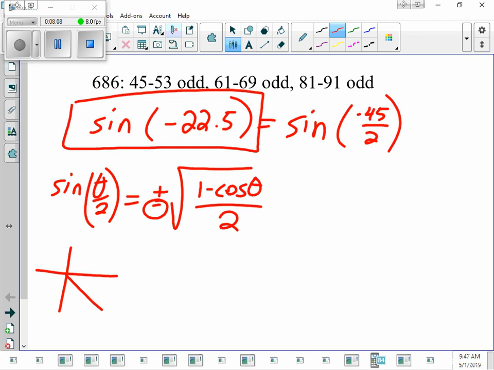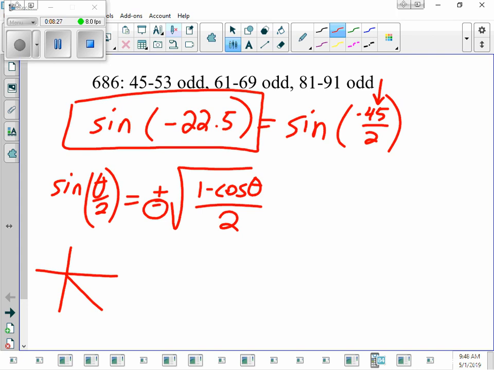All right? Now, where is my theta angle? Well, theta is negative 45. Theta over 2 is negative 22.5. Okay?